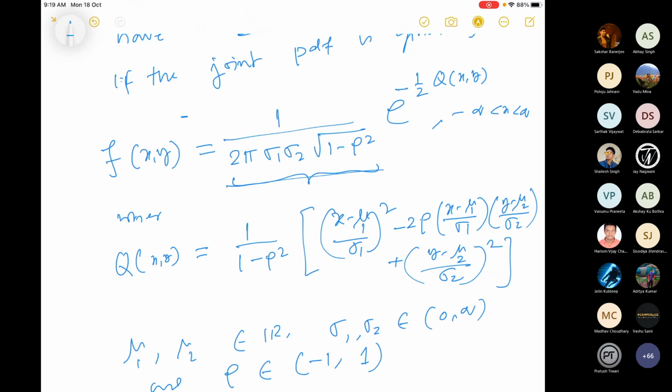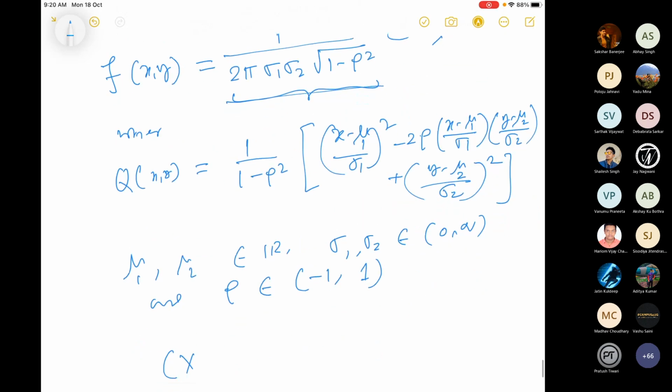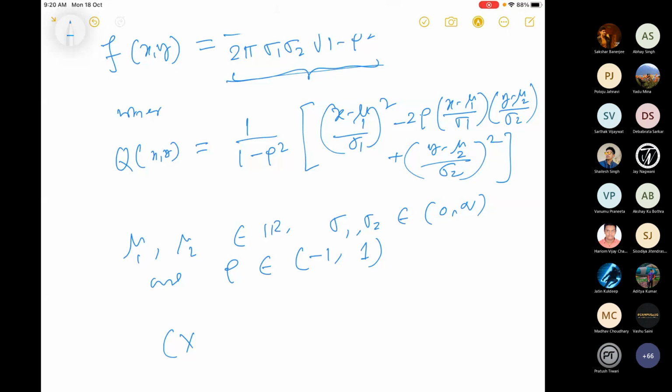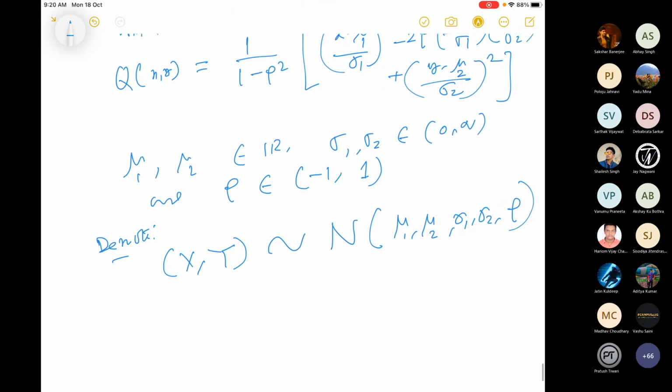Here you have mu1 and mu2 involved, so you have this kind of expression. As you can see, it is just a generalization. We denote this as (x, y) follows normal with mu1, mu2, sigma 1, sigma 2 and rho. There are actually 5, but it amounts to 4, so let's say rho is also a parameter here.